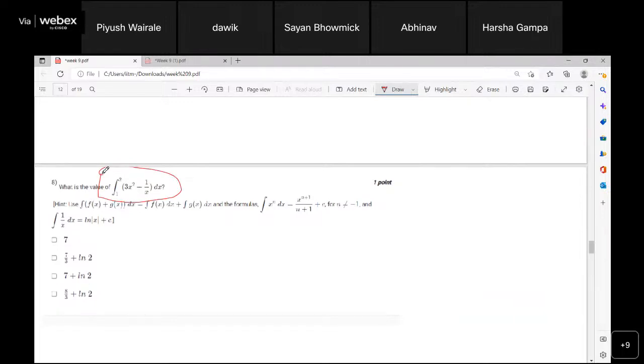But for that you should know the standard integral, right? A hint is given to you. The integral of x^n is x^(n+1) upon n+1, and the integral of 1 by x is log of x. So what is the value? What is the correct answer?